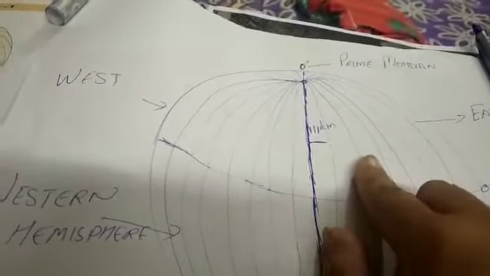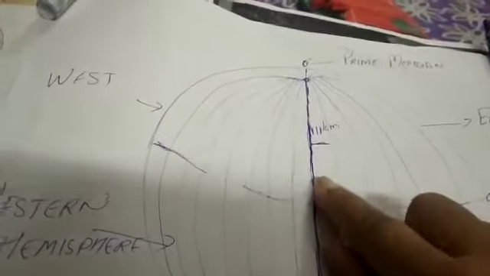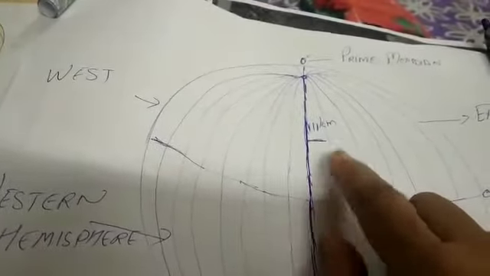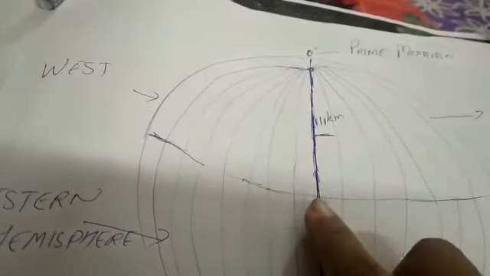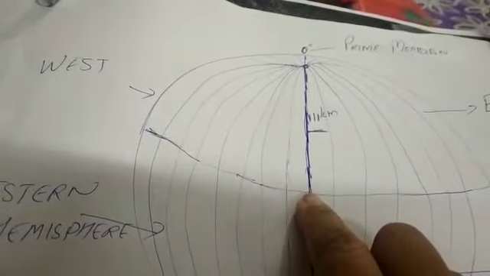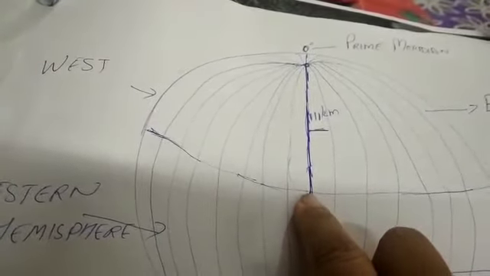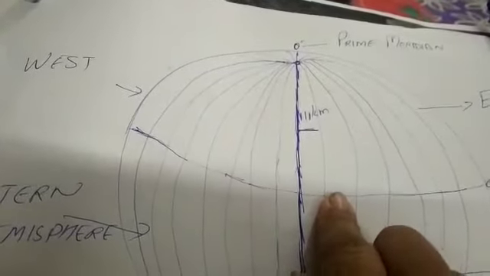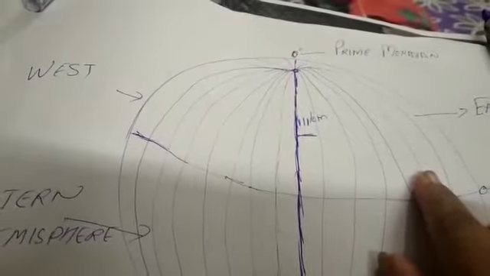All the lines are at 1 degree intervals. Now children, this 1 degree equals 111 kilometers. That means when you travel from one line of longitude to the other, you cover a distance of 111 kilometers.